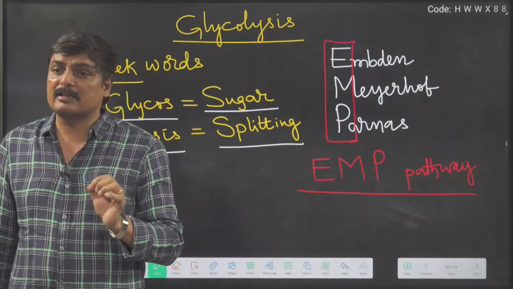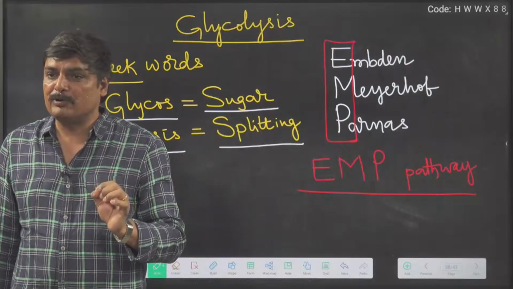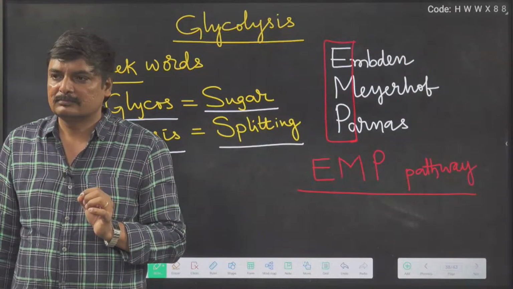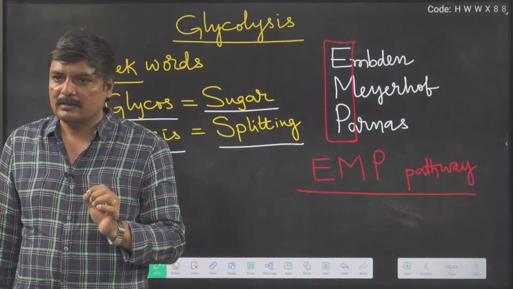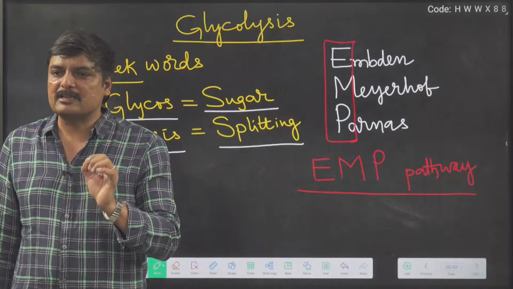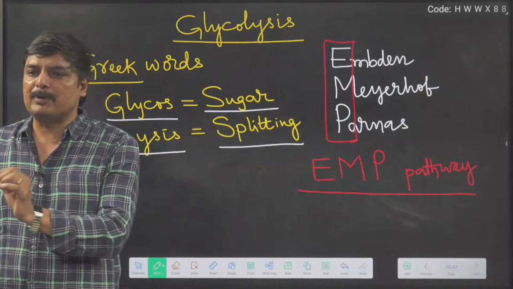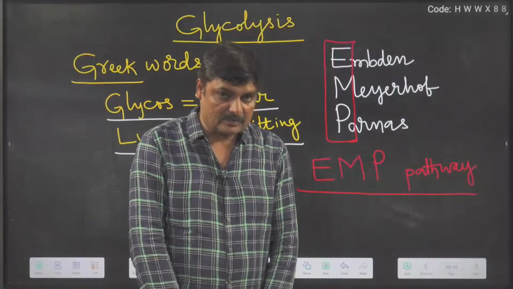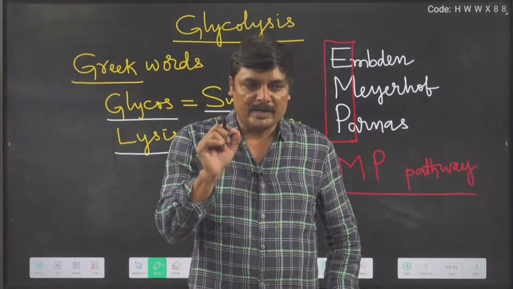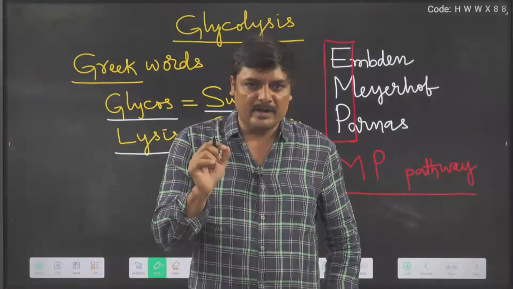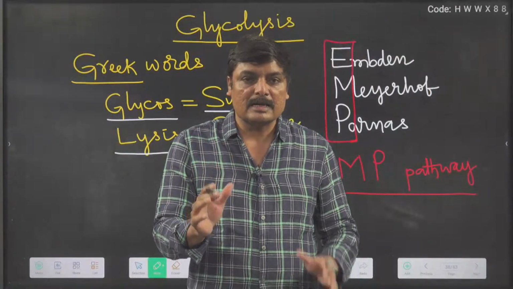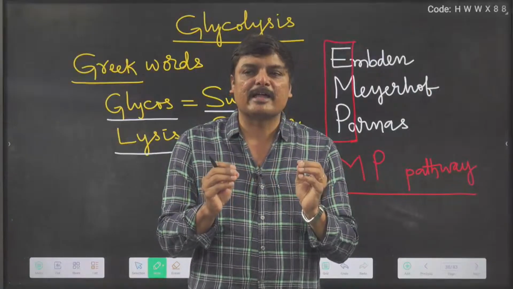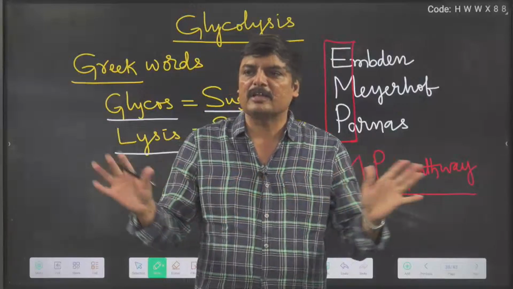Everybody should concentrate here. This is a very important topic. It is a metabolism. Right? So glycolysis is also known as the EMP pathway. Correct? Yes. Why? Because Embden, Meyerhof, and Parnas discovered the pathway, the scheme of glycolysis. Hence it is called the EMP pathway.